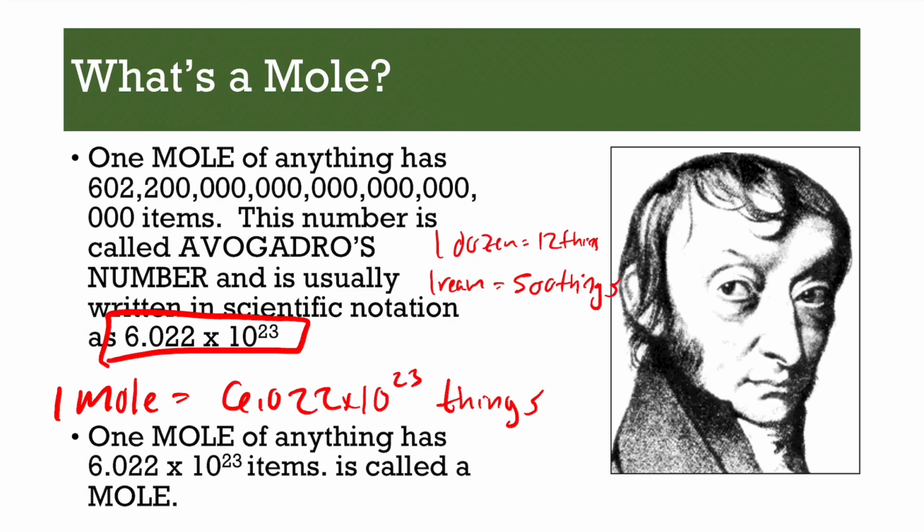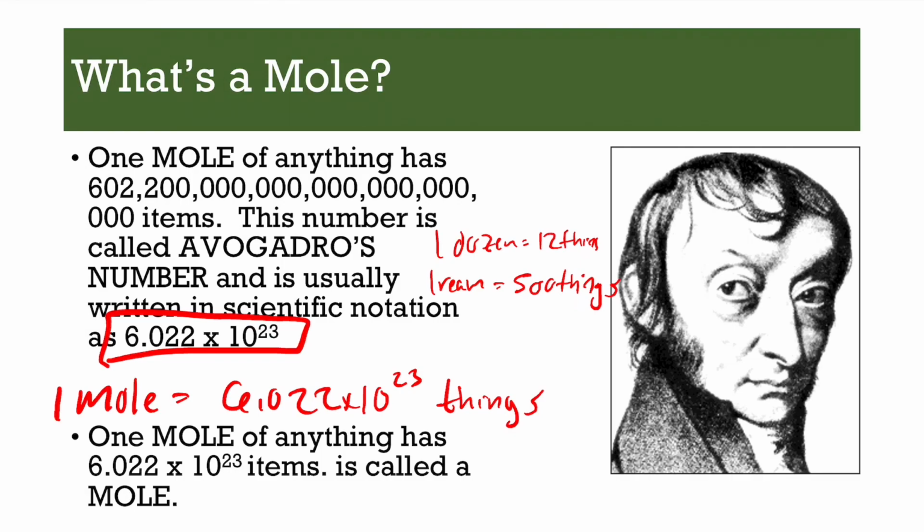Avogadro, this dude right there, said, I'm going to name a unit mole, totally not named after his favorite pet mole, that doesn't exist, made up, but he said that's 6.022 times 10 to the 23 things.